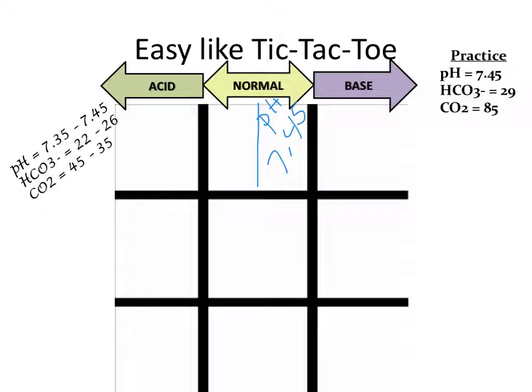Bicarb is 29, which is on the base side. Our CO2 is 85, which is on the acid side. So now we had the same situation like we had before, only in reverse. The difference is our pH is normal.